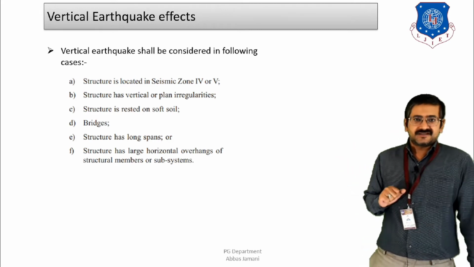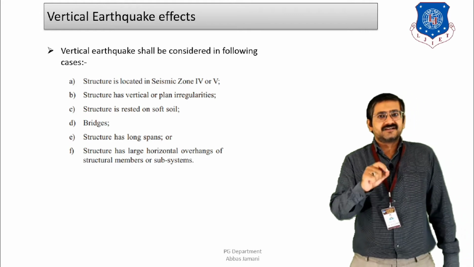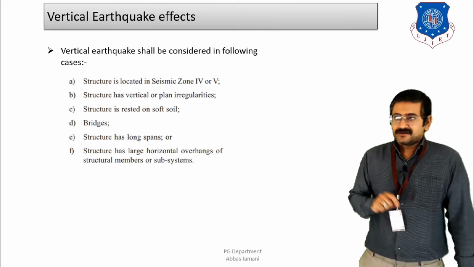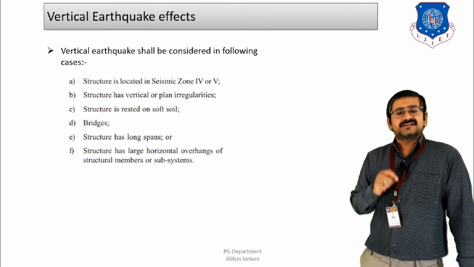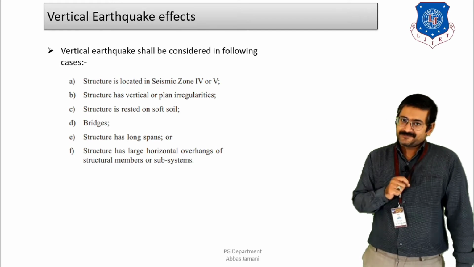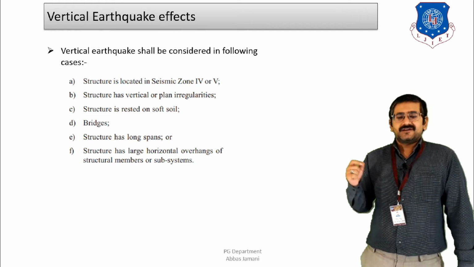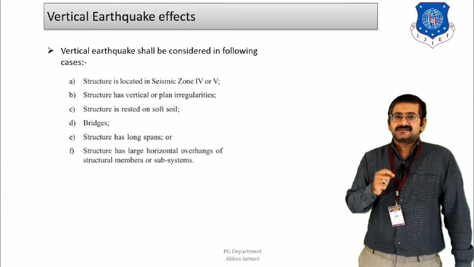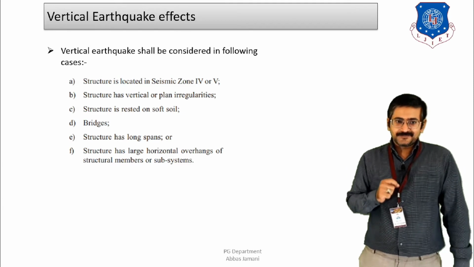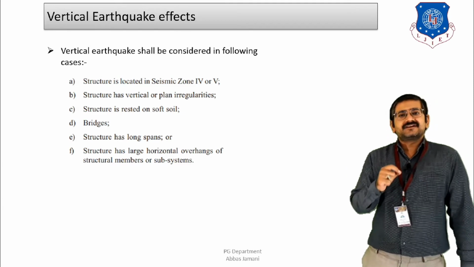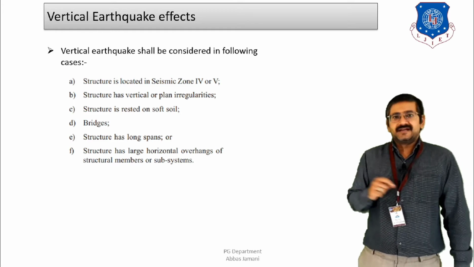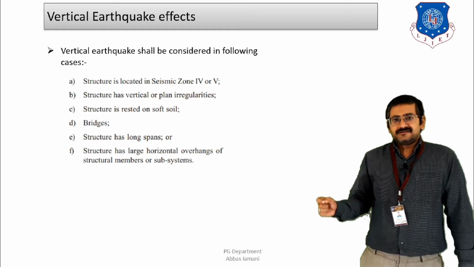Now which are those 6 conditions where I need to compulsorily consider the vertical earthquake also? First, if the building or the structure is located in zone 4 or 5, that is, if the building is located in high seismic zone areas, then vertical earthquake has to be considered. Second, if the structure has a plan irregularity or vertical irregularity, that we are going to discuss in the session ahead.